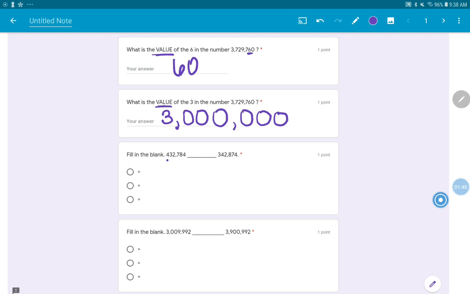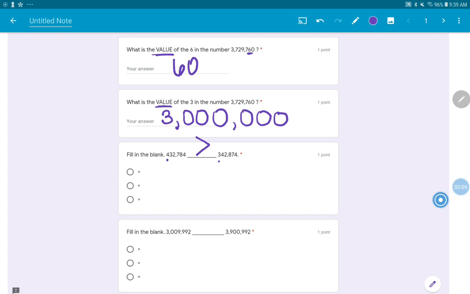So we have 400,000s and 300,000s. What's bigger? 432,784. Very good. 432,784 is greater than 342,874 because 400,000 is more than 300,000.